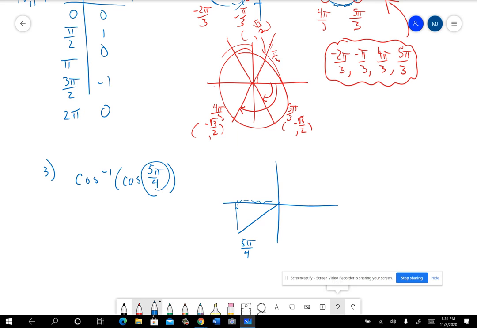I have to remember, I'm in this section 5-7 area where cosine inverse is going to report an angle from 0 to pi. This is outside that, okay? So what I need to do is find an angle between 0 and pi that would have the same cosine as this one would. And you see that would be right here?